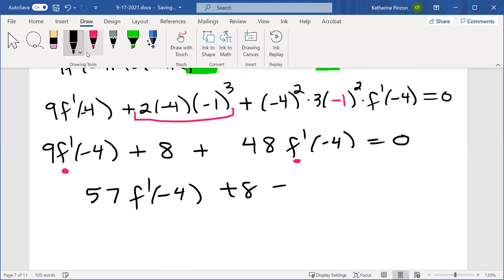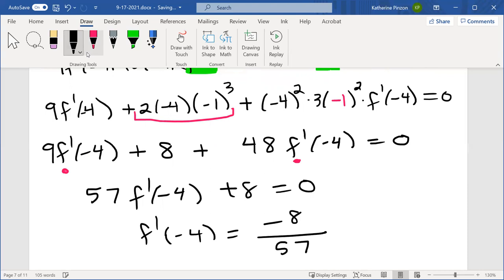Plus 8 equals 0. If I want to solve for f prime of -4, I'm going to subtract 8 and divide by 57. -8 over 57. Yes. Your numbers are going to be different though.